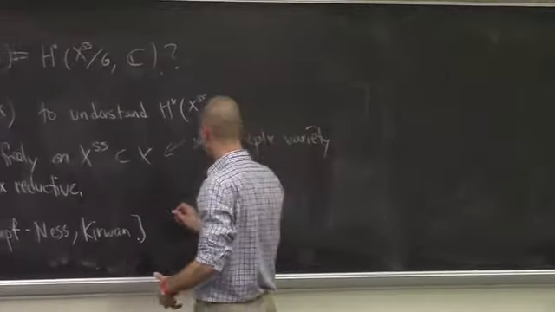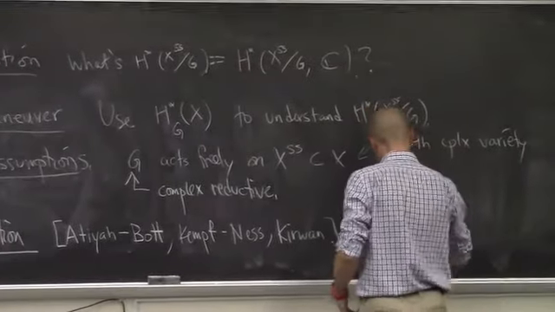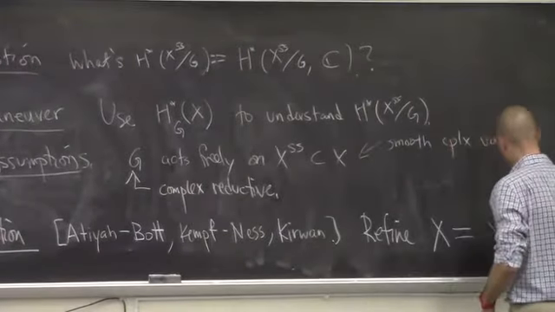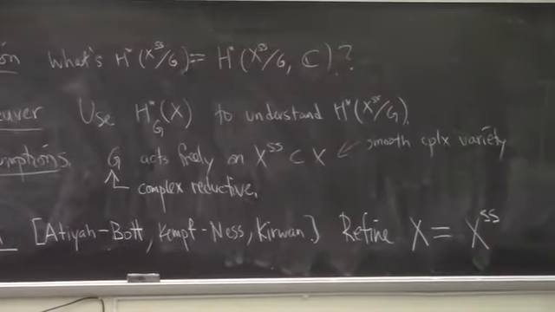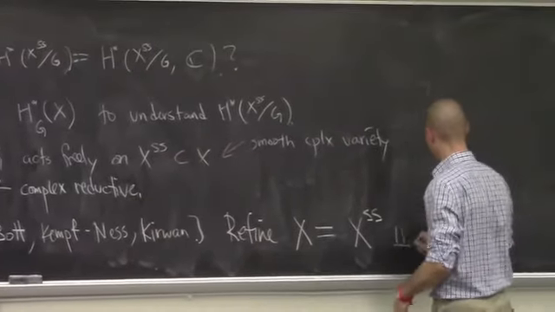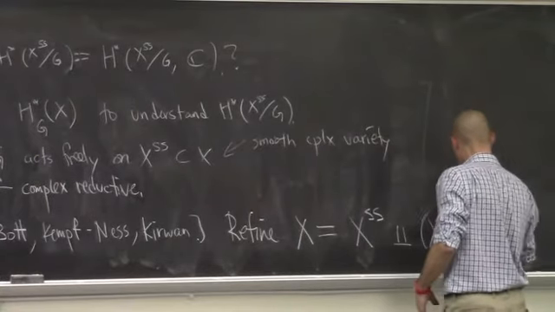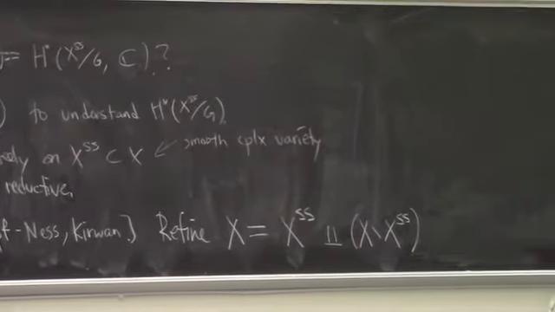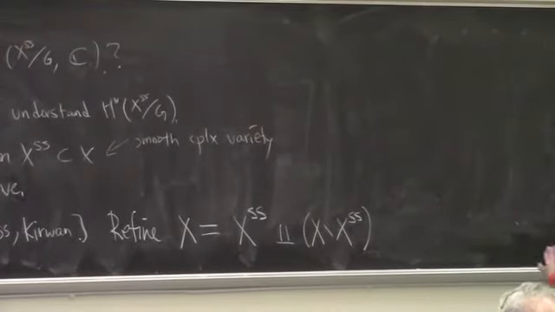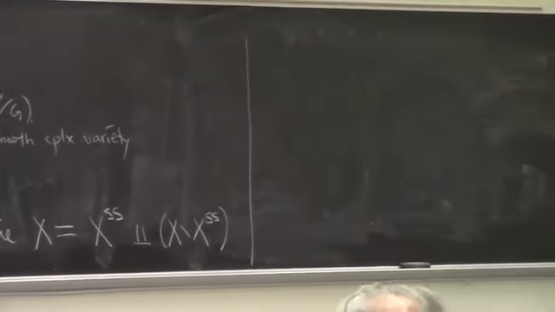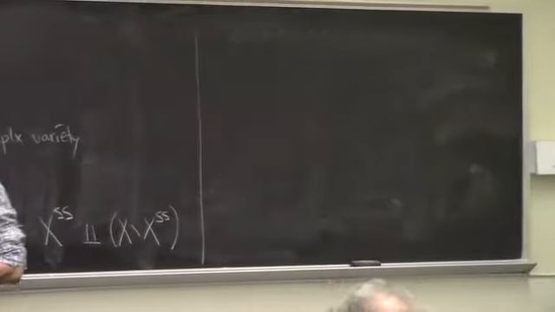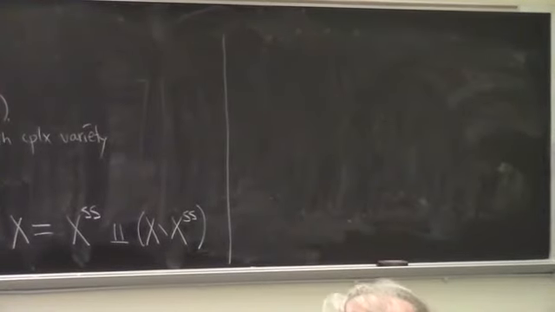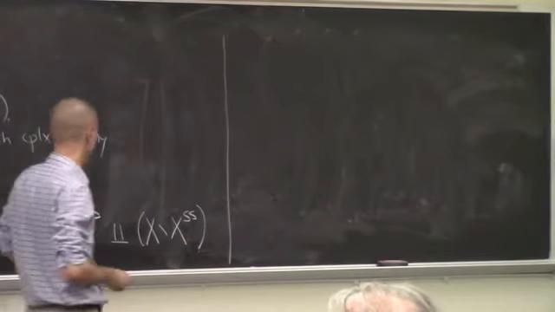So the implementation is to refine this decomposition that I wrote before. Before I wrote an open set inside X together with a closed complement. I broke the space into two pieces, but I explained that I wanted you to think in terms of using a Morse function to break up the space into those two pieces. Well, now in general, if I have a Morse function, there could be a lot of components to the critical locus, and I should look at everything that flows to each of those, and that'll break the space up in some more complicated way.